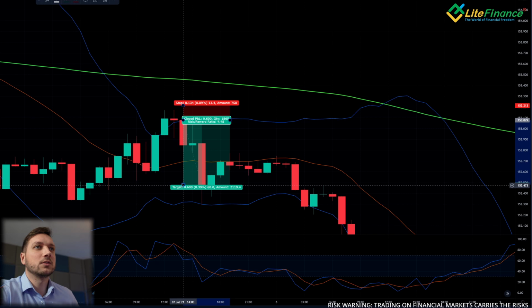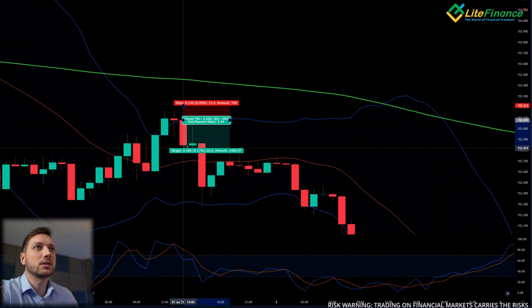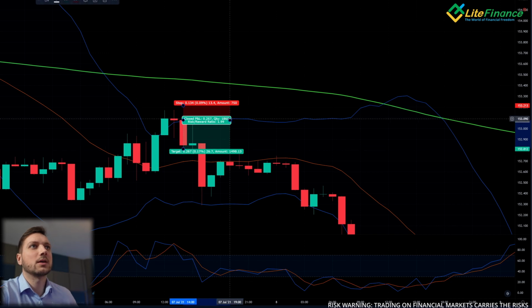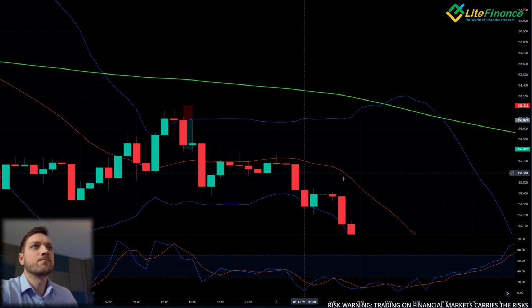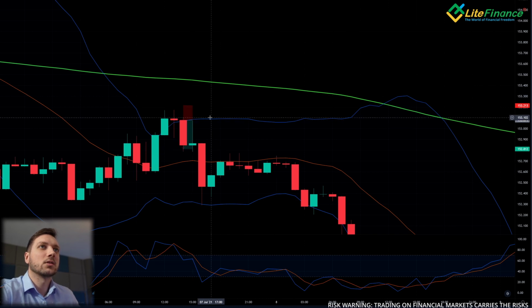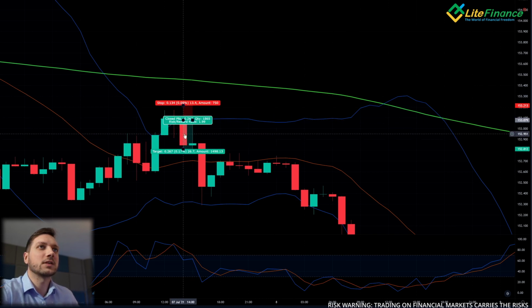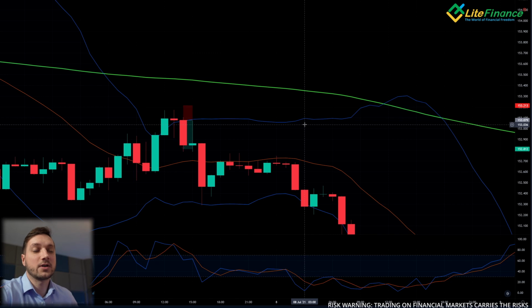And you can clearly see that this one was also profitable, even with the bigger risk-reward ratio, but let's set 2 to 1 risk-reward ratio. Okay, it's 2.09, 1.99, fair enough. So as you can see, even with the first candle, we already received our profit.